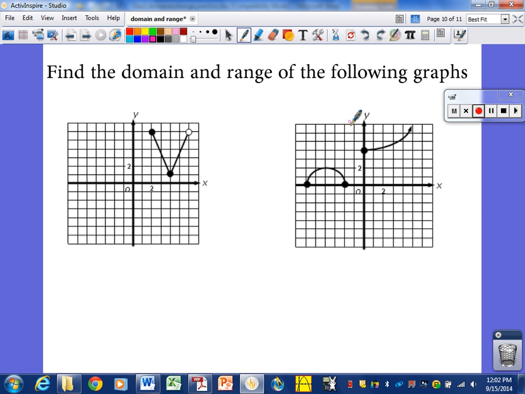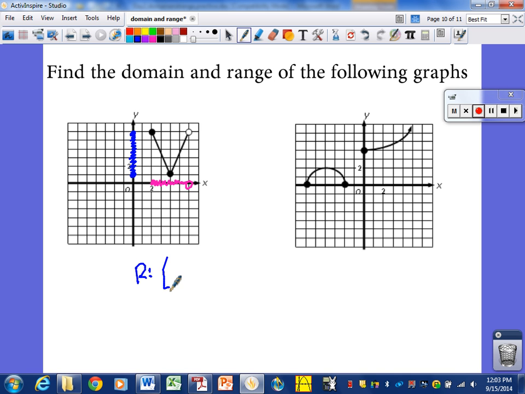Okay, domain and range. I think I actually pulled these from an Algebra 2 worksheet. So here's your domain. So right there. Here's your range. Open or closed on the dots? Closed. Because this one is closed, it usurps the open one.